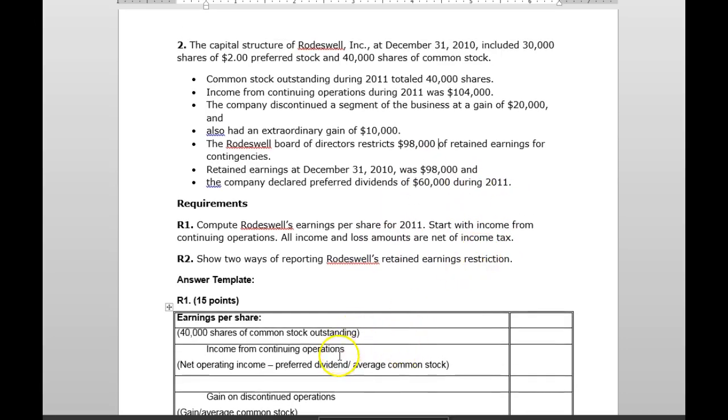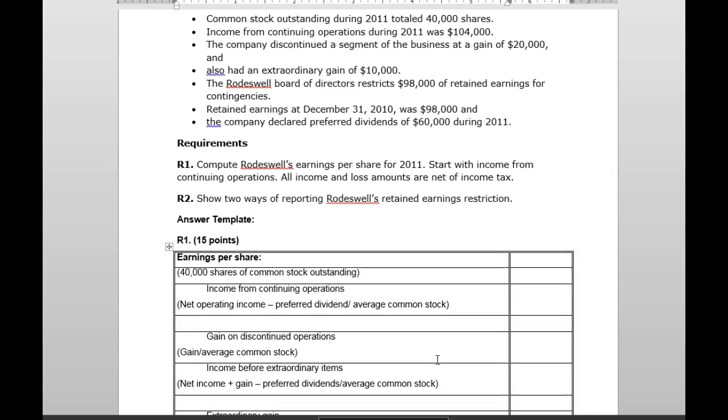So, first of all, income from continuing operations is this one right here, $104,000. Now, what is our formula for earnings per share? Well, it's going to be net operating income minus the preferred dividend divided by the average common stock. And they tell us that the outstanding stock totals 40,000 throughout the year.